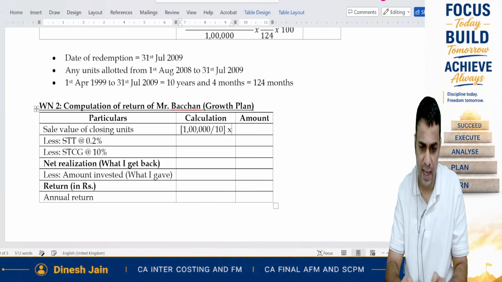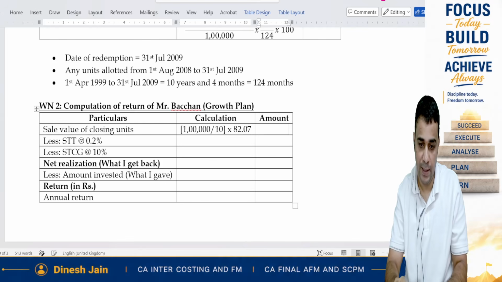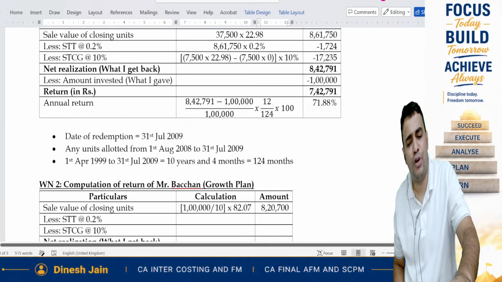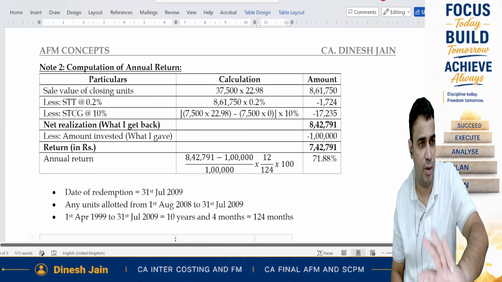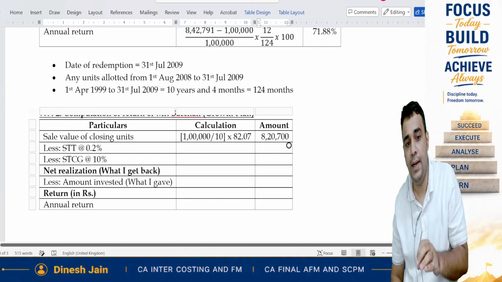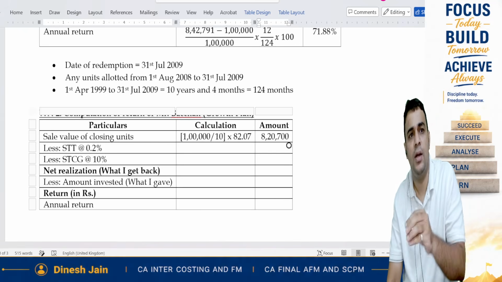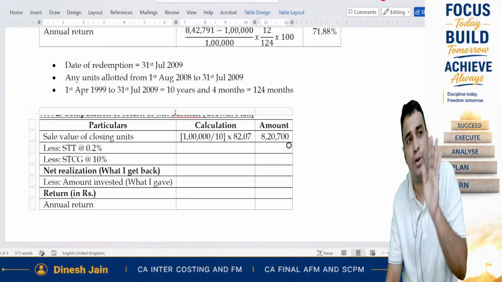What is the NAV for the growth plan? When I multiply, I'll get 8 lakh, which will broadly be closer to the earlier number. Broadly 861 and 820 will be closer because ICAI has framed the question. They could have played with numbers, but broadly it will be closer.